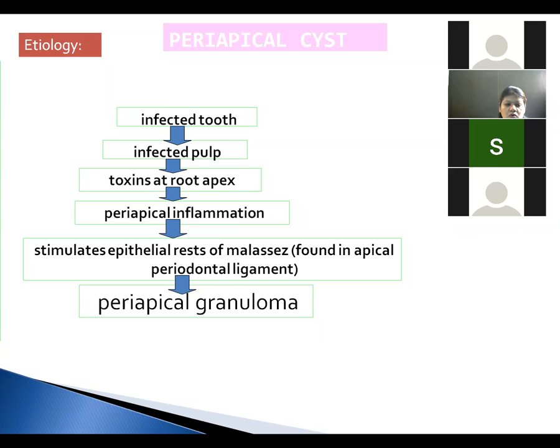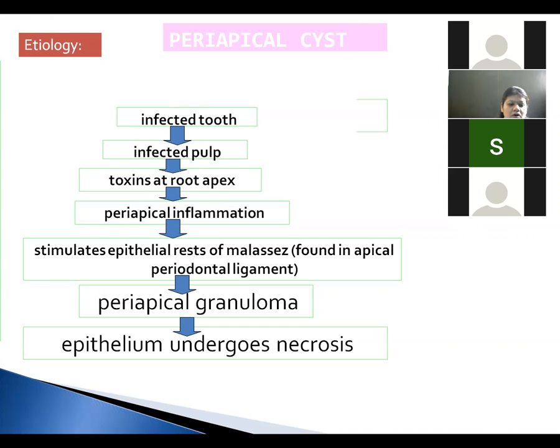Then the infection goes to the pulp and toxins to the root. It causes periapical inflammation, which stimulates the epithelial rests of Malassez found in the apical periodontal ligament and forms the periapical granuloma.